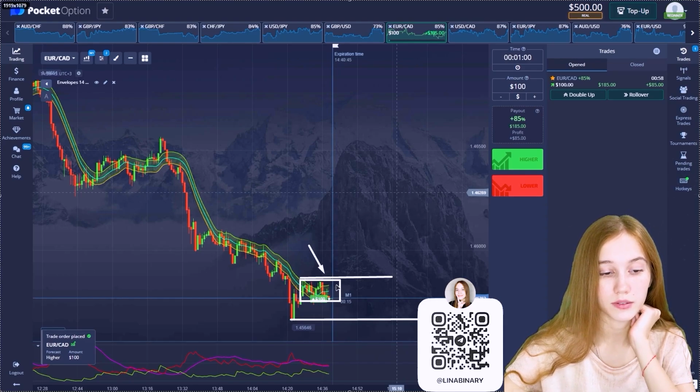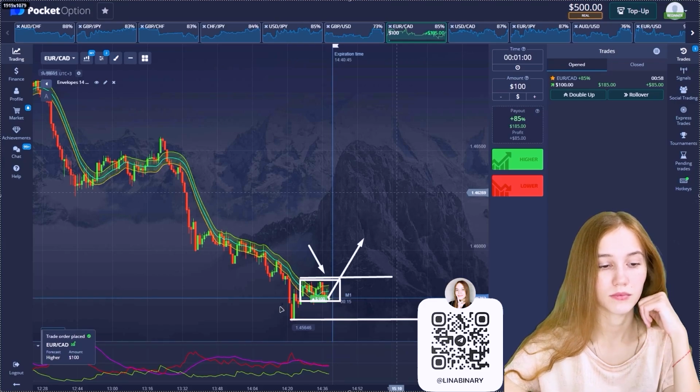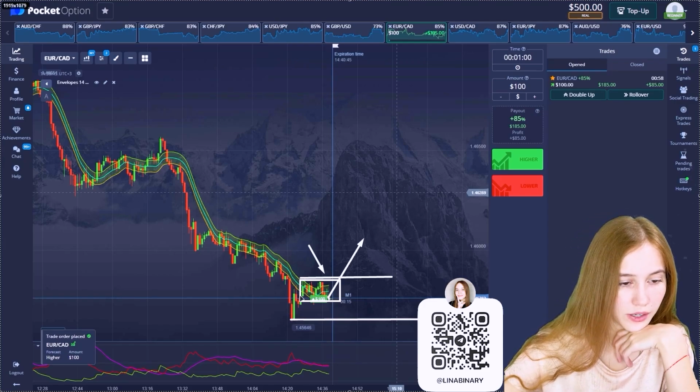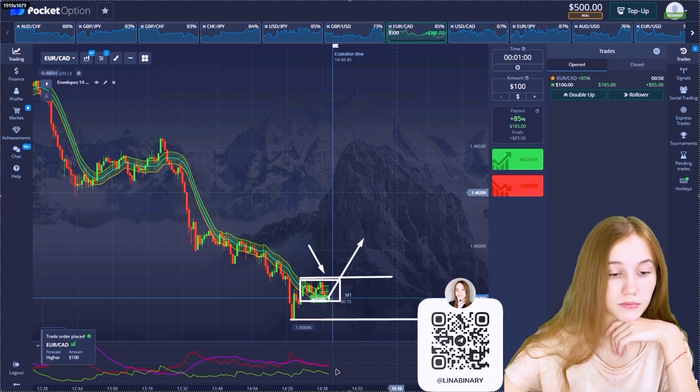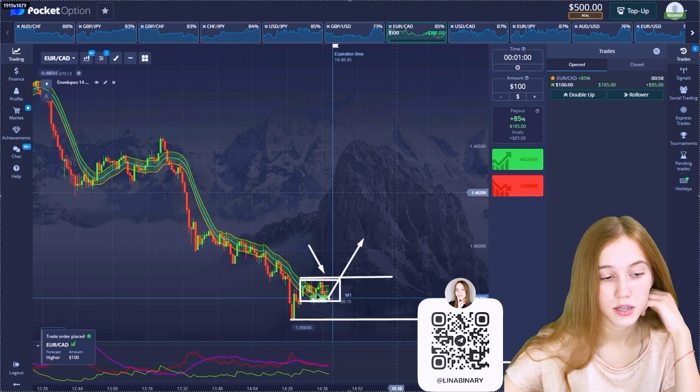Next to the candles, we see what situation is here. So it's okay. What we see next? We see, I think it will grow. Let's move on. Opens for an increase.